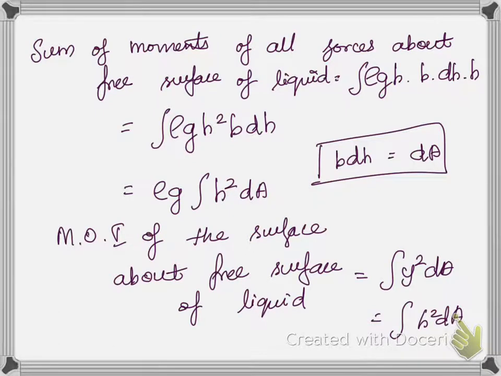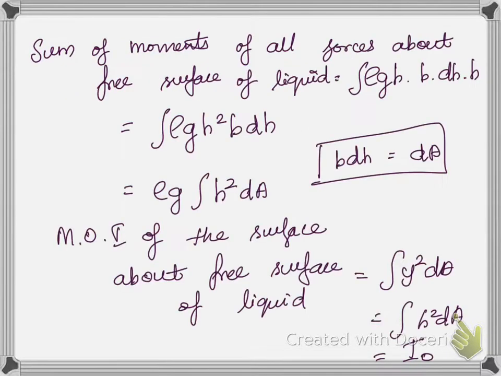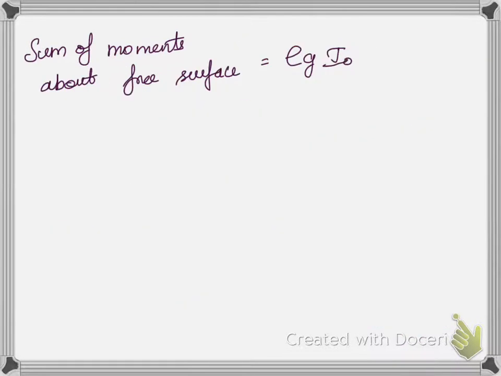This can be written as I naught. So the sum of moments about the free surface will be equal to rho g I naught. I will be keeping this as equation number 5.